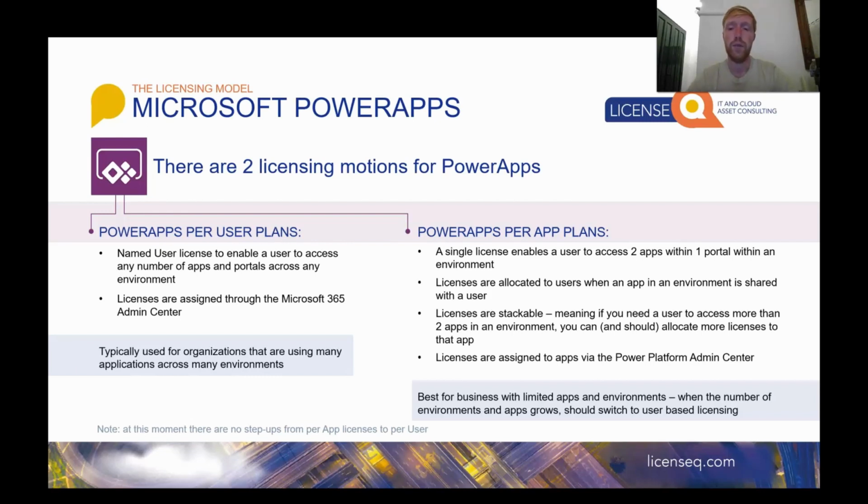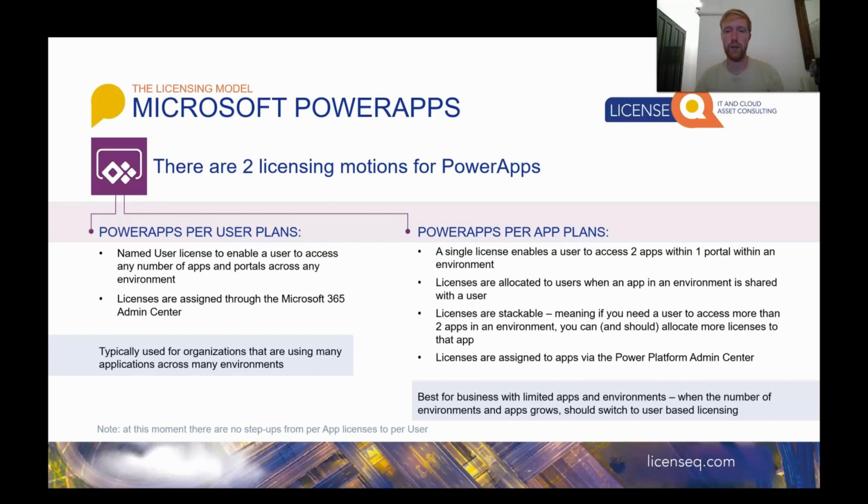On the other side, you have the PowerApps per app plans, and this is a single license that enables a user to access 2 applications within one portal within an environment. Licenses are allocated to users when an app in an environment is shared with a user. So basically, if you create an application and you have a pool of PowerApps per app plan licenses and someone accesses that application, one license is taken from the pool.